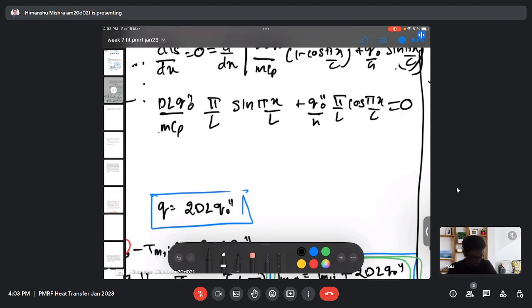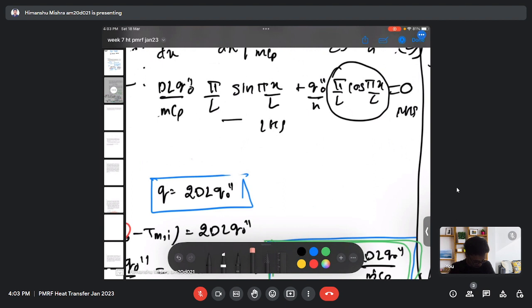Now I divide, let's say, by pi by L cos pi x by L on the LHS as well as the RHS. Then I can simplify this expression.